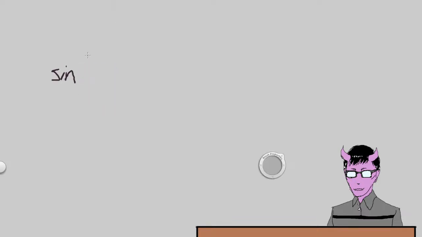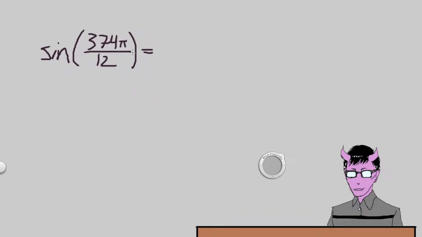Sine of what? A whopping 374 pi. Okay, so definitely please simplify this, because doubling 12 is 24, and this greatly exceeds 24 pi on the top. So lots to take out from there.